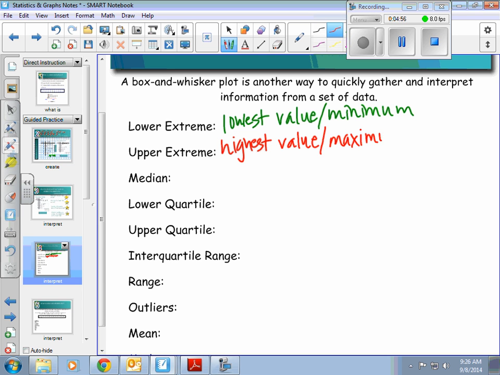Then if I go on to my median, that is your middle value. But the trick is it has to be in numerical order.